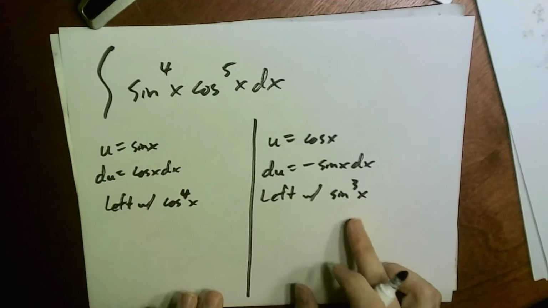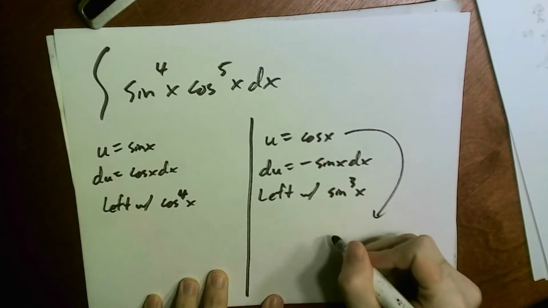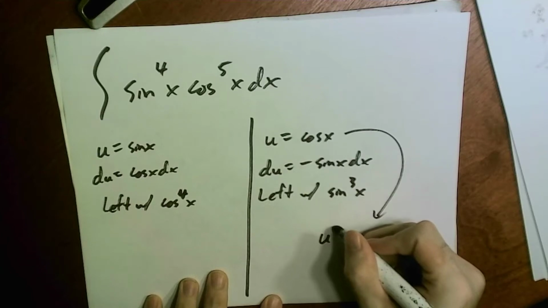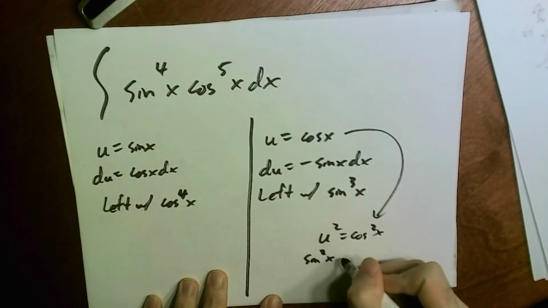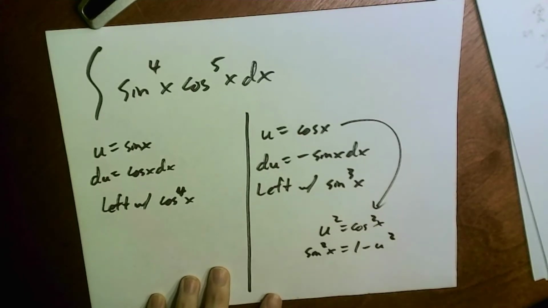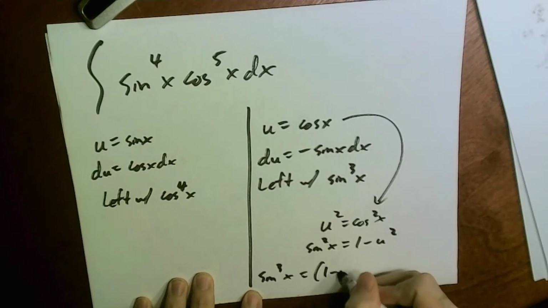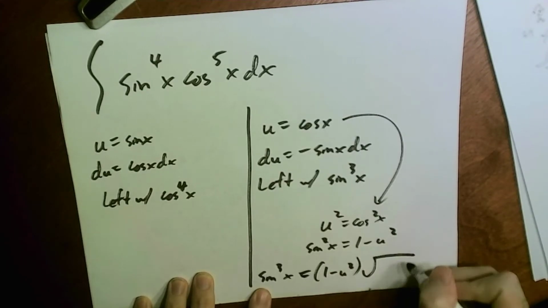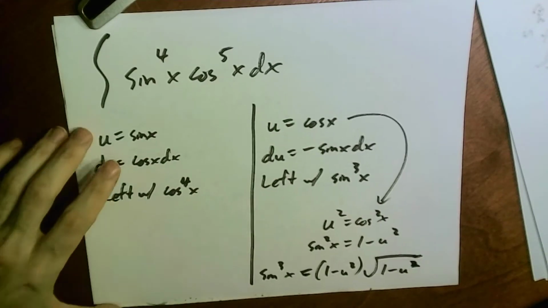Well, we know what happens with 3 copies of sine. We get that u squared is cosine squared, so sine squared of x is 1 minus u squared. So for sine cubed of x, I'd get a 1 minus u squared, but then I'd also get a square root of 1 minus u squared, and that does not seem great to me.